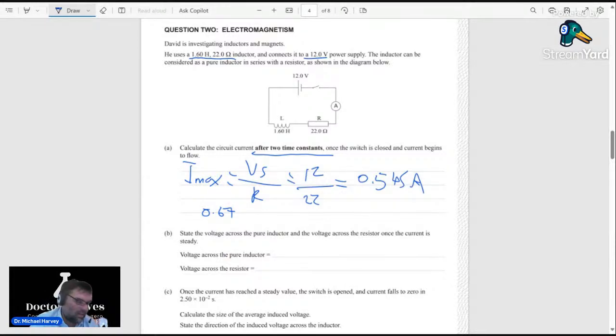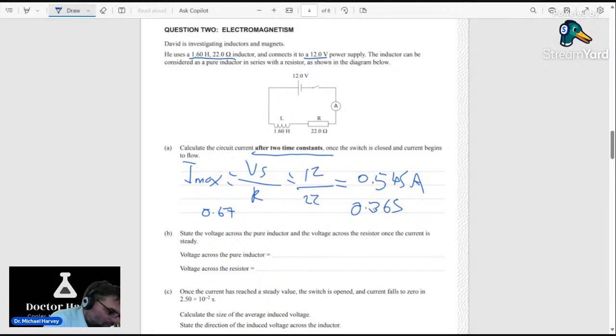So it would be 0.545 times 0.67. Right, so on the first decay it loses, it's 0.365.